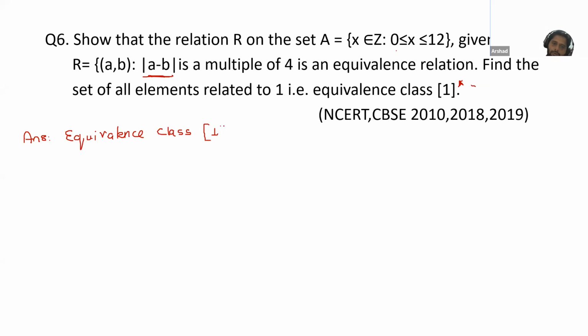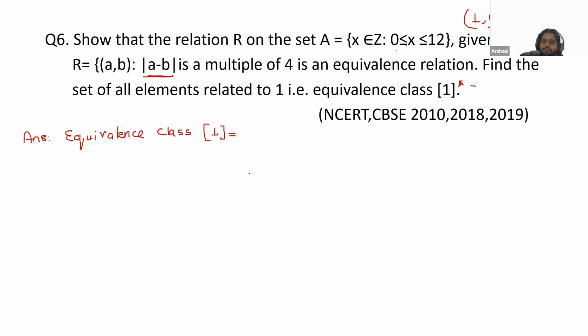Equivalence class of one is equal to. So please select from this set any number so that, for example, if we take one from here, then what will happen? 1 minus 1 is equal to 0, which is a multiple of 4.